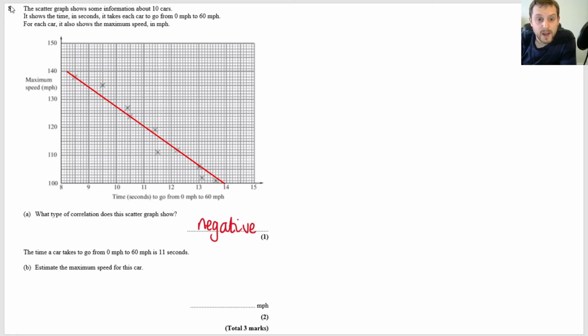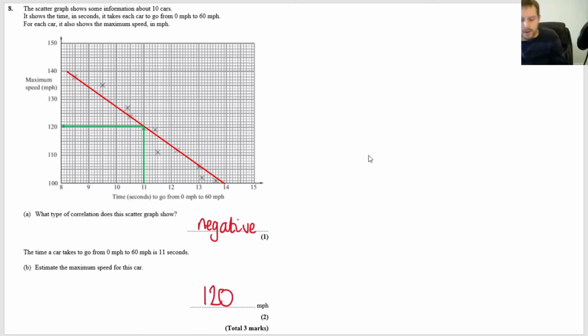So what you do is, based on your line of best fit, you would go along to 11, in green, and then you go along to the maximum speed number, and that's 120 based on my line of best fit, so 120.